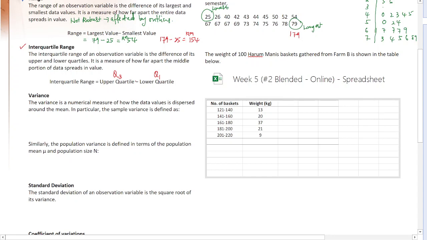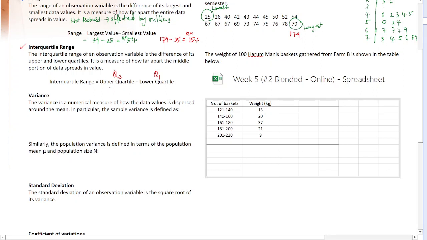Last time we looked at how to calculate the quartile measures of position, and from there you can identify Q3 and Q1. With these two values you can calculate the interquartile range.